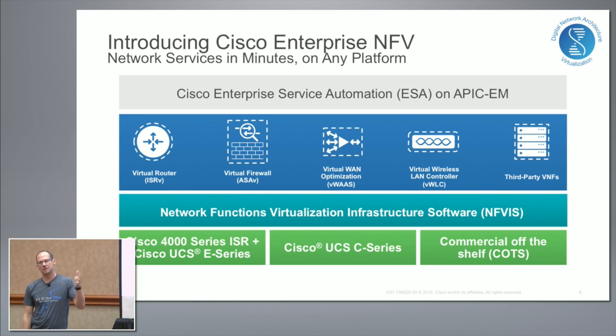So what we've done, we took the CSR and we created a branch version of that IOS, and we're calling it the ISRv. So ISRv has all the same capabilities you have with a physical ISR in a virtual form factor. It includes IWAN, which is our SD-WAN offering, and all our rich sets of IOS, both security and networking capabilities.